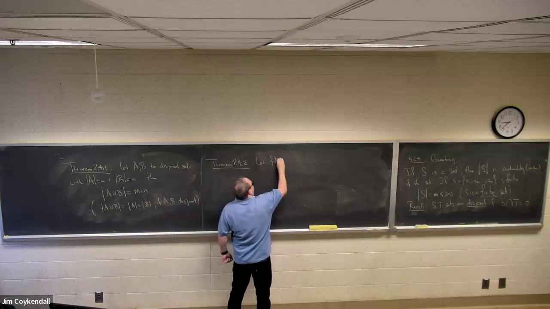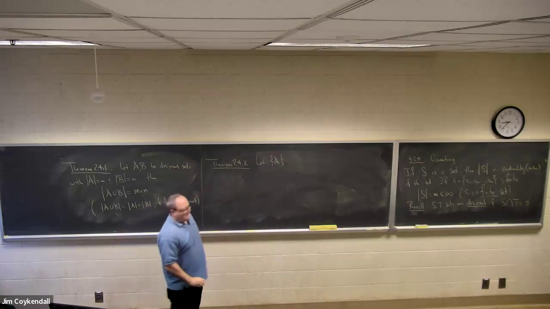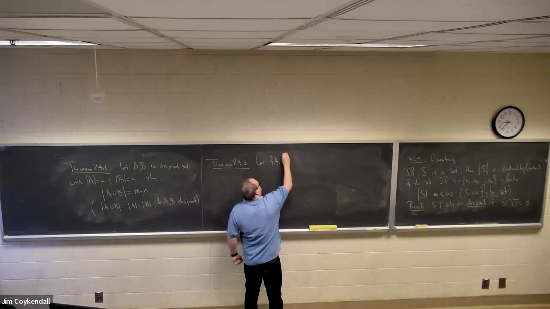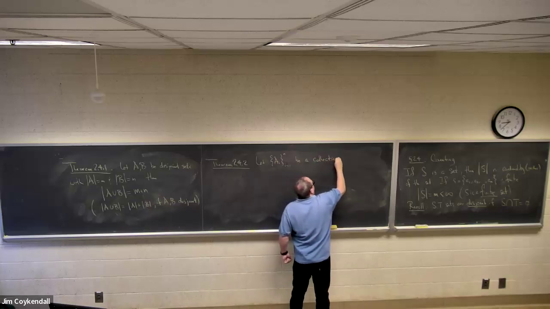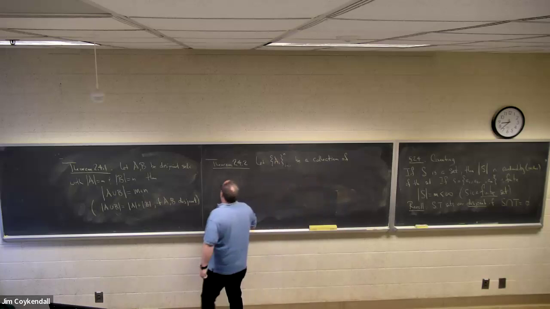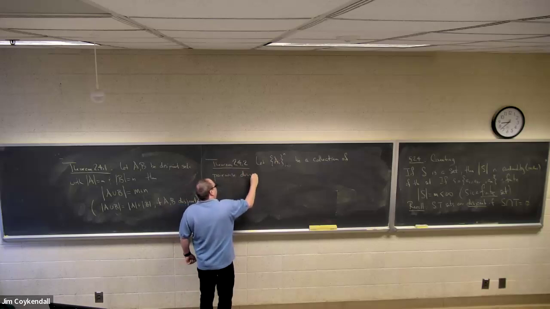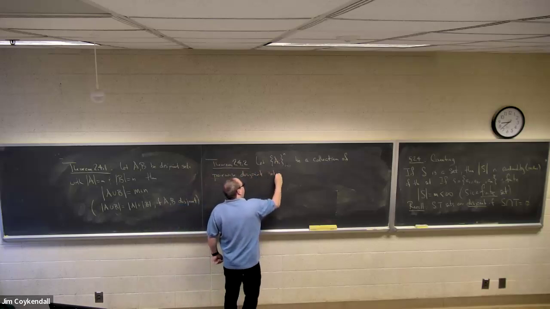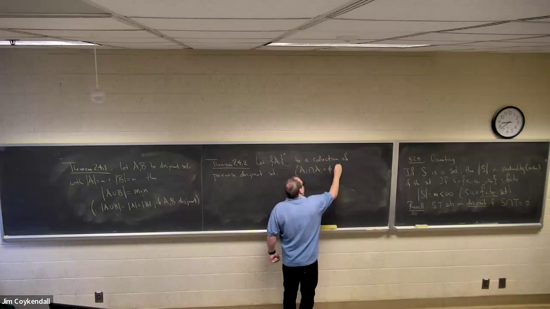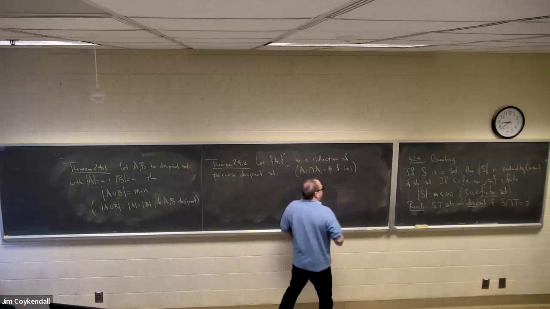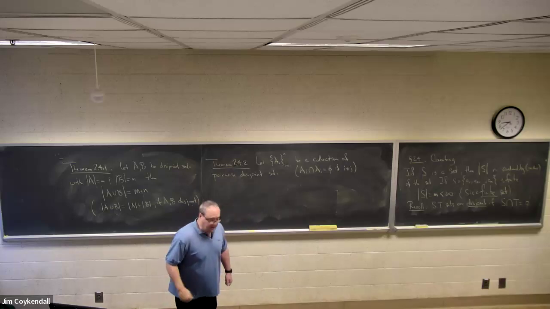We have A_i, i from 1 to n, a finite collection of pairwise disjoint sets. That is to say, A_i intersect A_j is empty if i is not j. That's what I mean by pairwise: no pairs have any overlap.